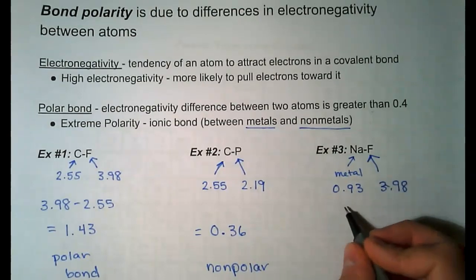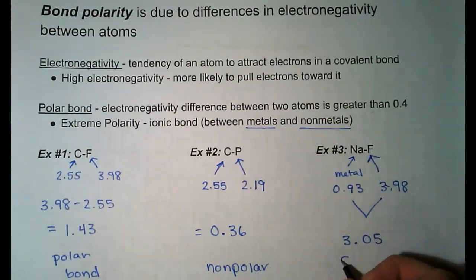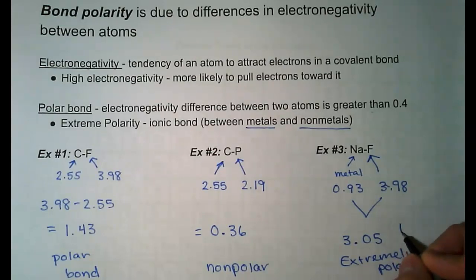So the difference between these two is actually 3.05. So this is extremely polar. And we know that to be true, that it's also an ionic bond.